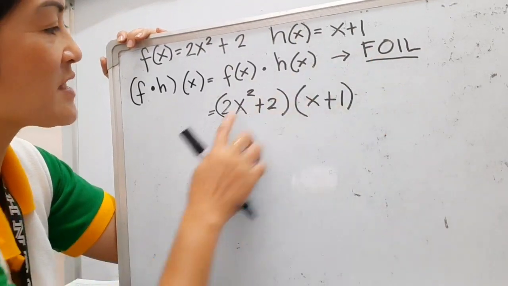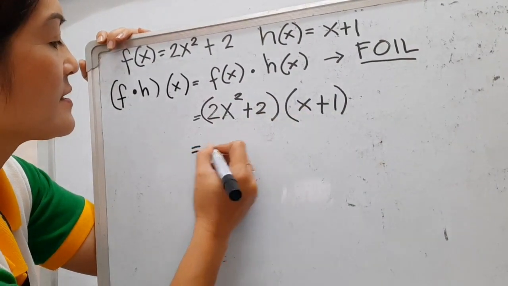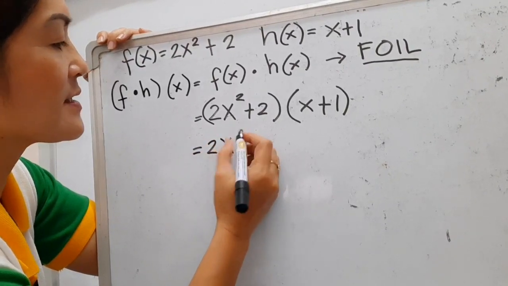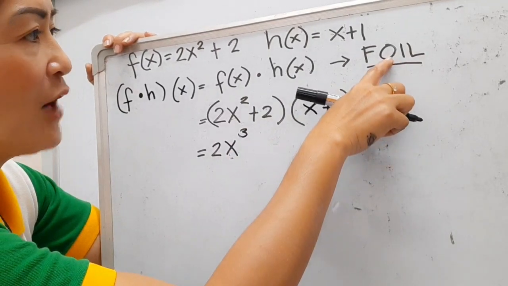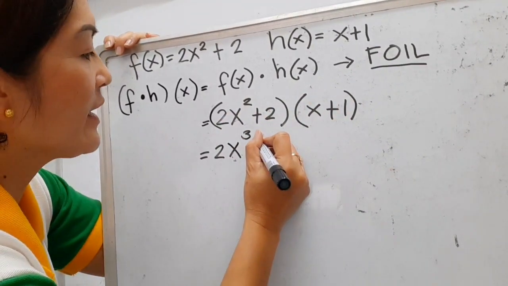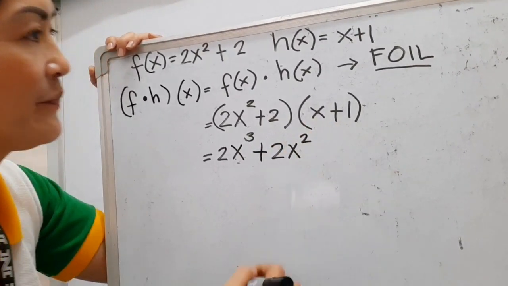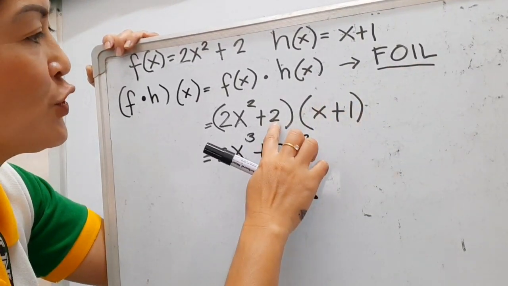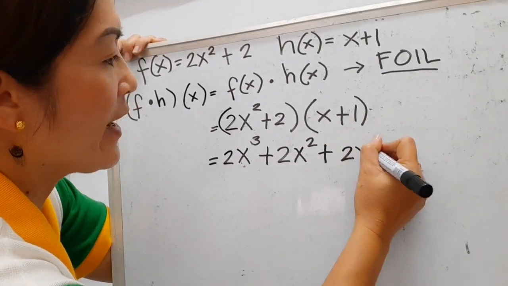Alright, so for the first term, 2x squared times x will give us 2x cubed. Then the outer terms, 2x squared times 1 will give us 2x squared. Then the inner terms, 2 times x will give us 2x.